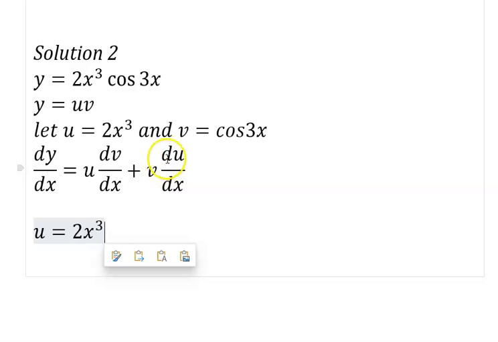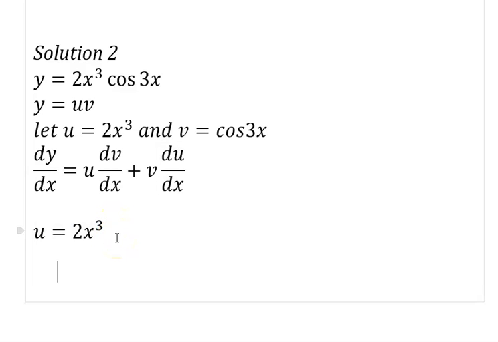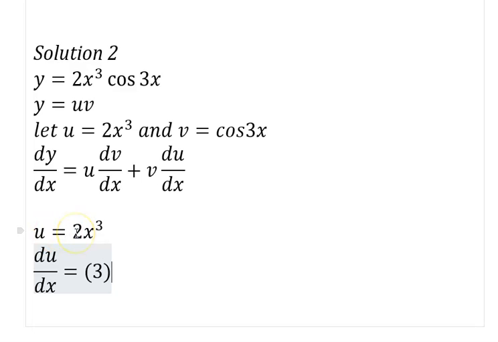So our du dx now, if you want to get du dx from here, as usual, our power will bring it back. Power here is 3, and you return what you have, and minus 1 from the power.